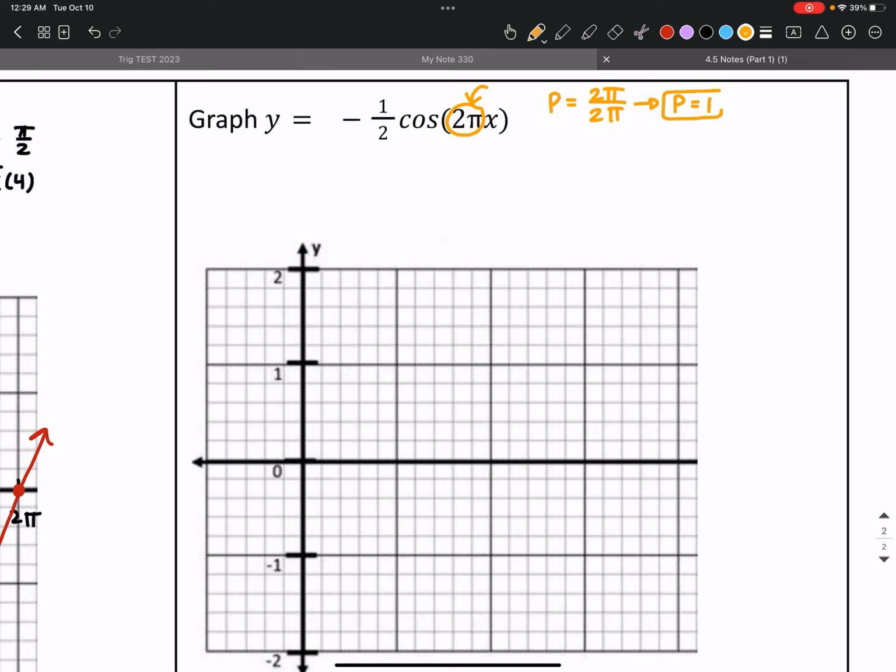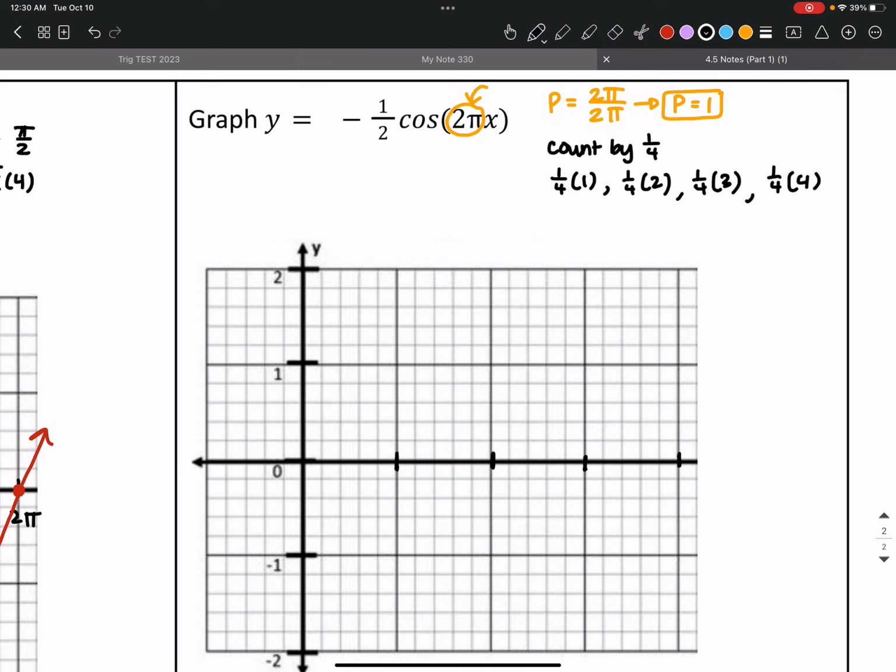So I know the period is equal to 1, which means I should be counting by 1 divided by 4, or 1/4. And so I'm going to do that for my scale. I'm going to do 1/4 times 1 to find the first thing that I'm going to put here. Then 1/4 times 2 to find the second thing. Then 1/4 times 3 to find the third thing. And then 1/4 times 4 to find the fourth thing that goes here on my scale.